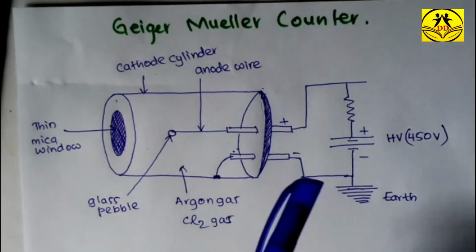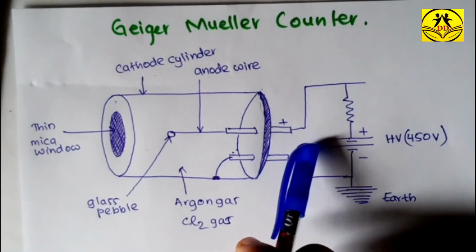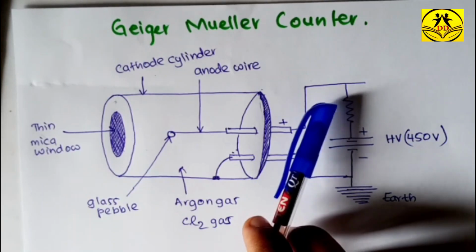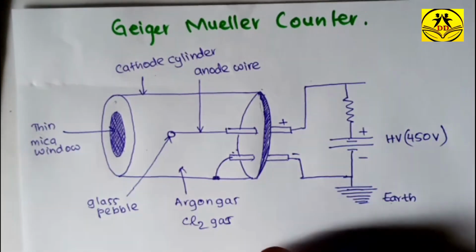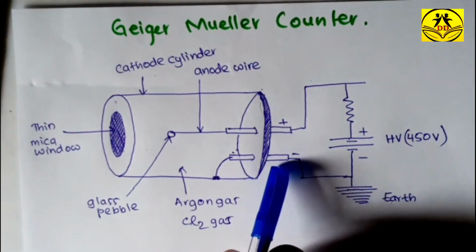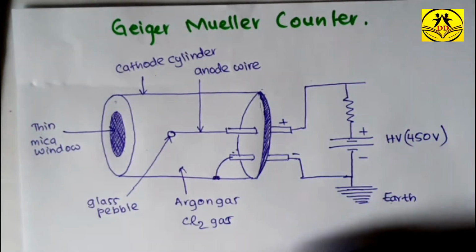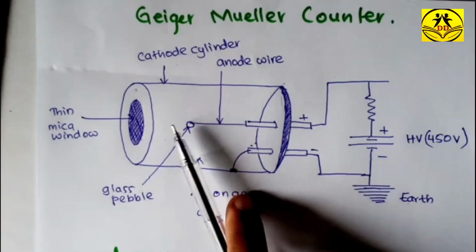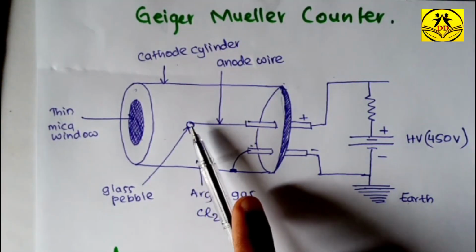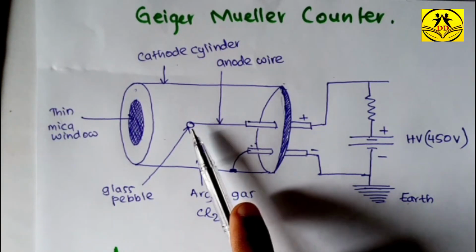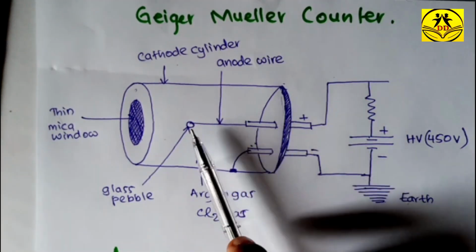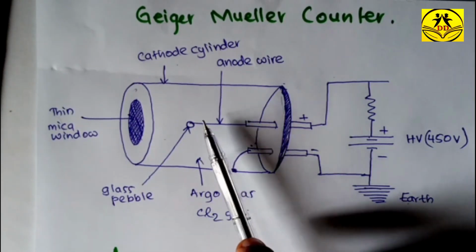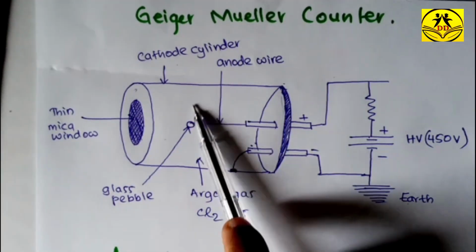The current pulse will be passed through the circuit into a scale counter or a rate meter, which will identify the rate of insertion of particles or photons and also their properties. And we saw a small pebble attached to the tip of the anode wire. This is to prevent the formation of electric sparks due to point discharge between the tip of the anode and the cathode.